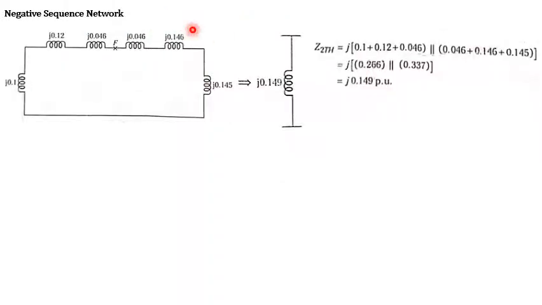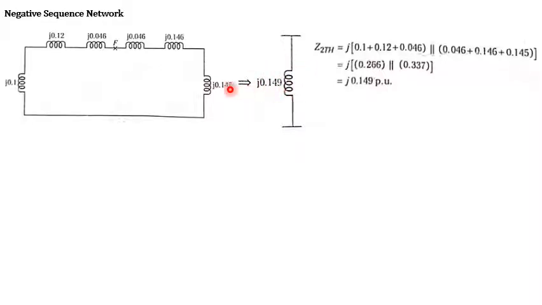Similarly, for the negative sequence network, we get the generator, transformer, transmission line, again it is going to divide, and the transformer T2, and this is for the motor. The fault is at this point. No need to calculate the V Thevenin or all those things, because it does not require any source of EMF.